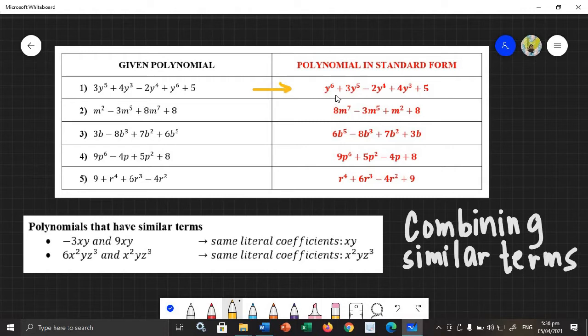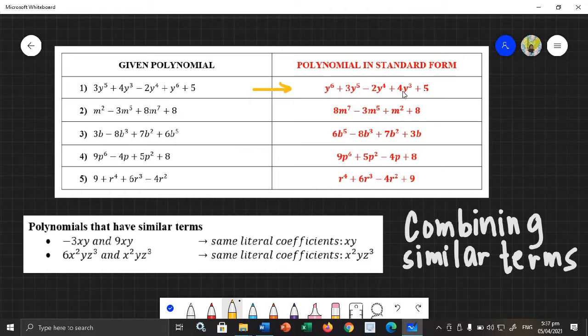So when we arranged it in standard form, y raised to the 6th power came first because it has the highest exponent. Next is 3y to the 5th power. Okay? Because it has the next highest exponent after y to the 6th power. And then comes negative 2y raised to the 4th power.